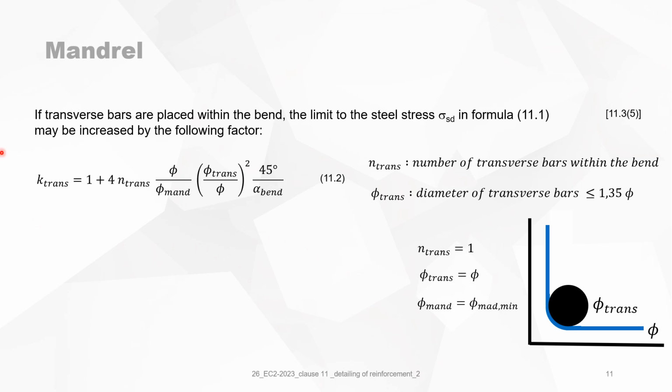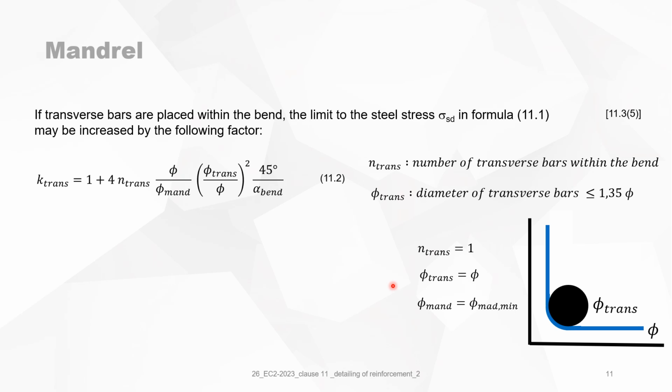Now we'll look at what this formula does. What are the practical values of this formula of K transverse? We take a normal case of one bar in the bend, and we take the case where the diameter of the stirrup is equal to the diameter of the transfer reinforcement.